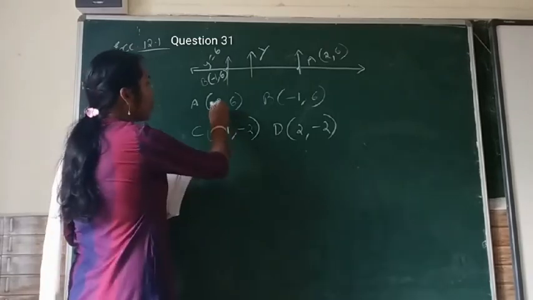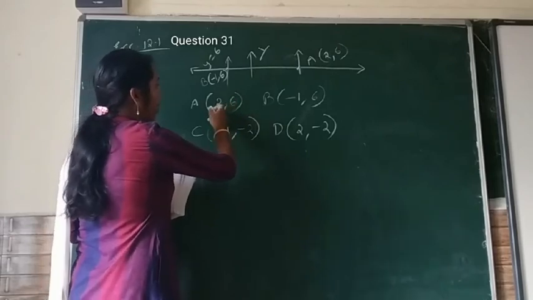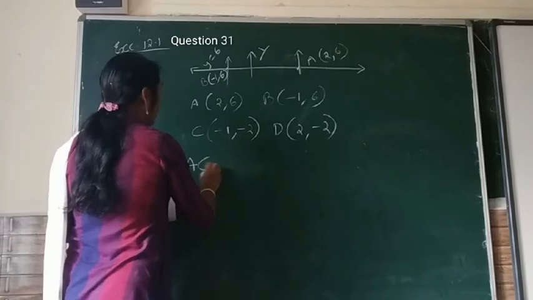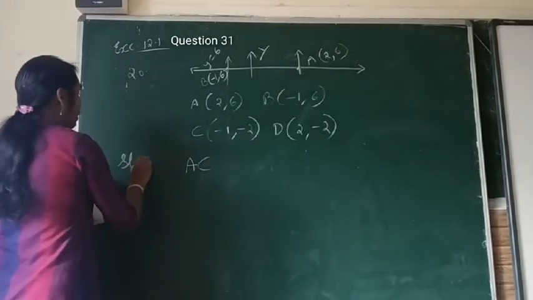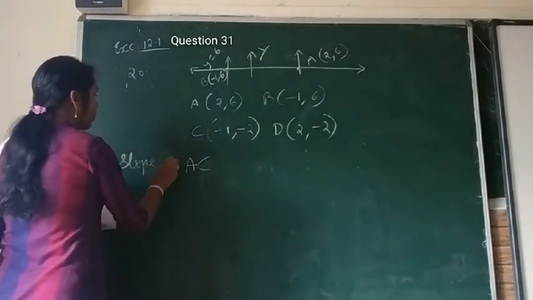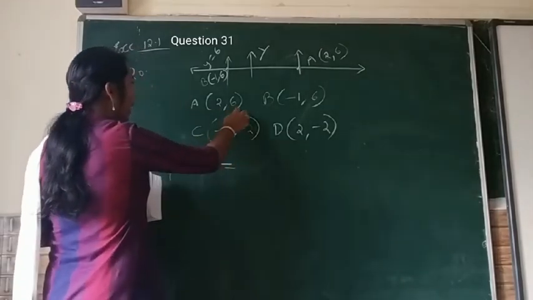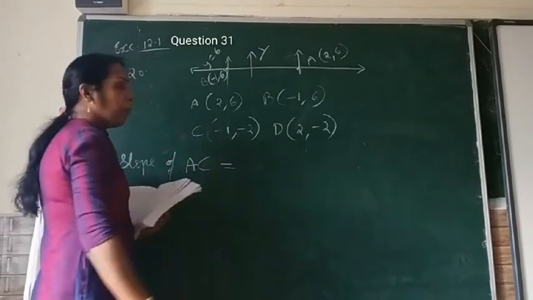First of all, slope of diagonal AC. Slope of AC is equal to, this is the point A (2, 6) and point C (minus 1, minus 2).